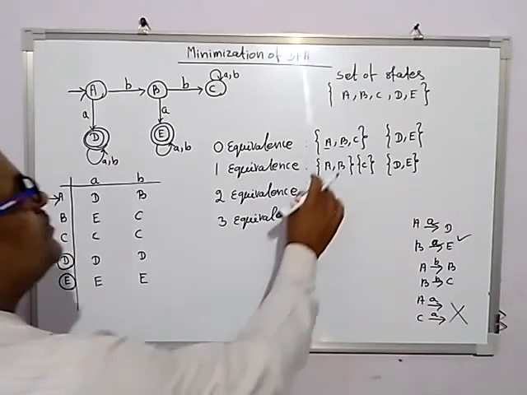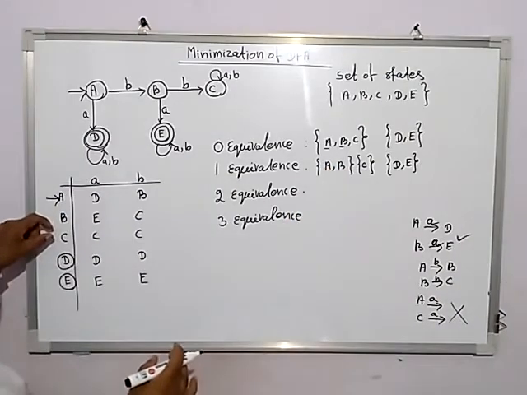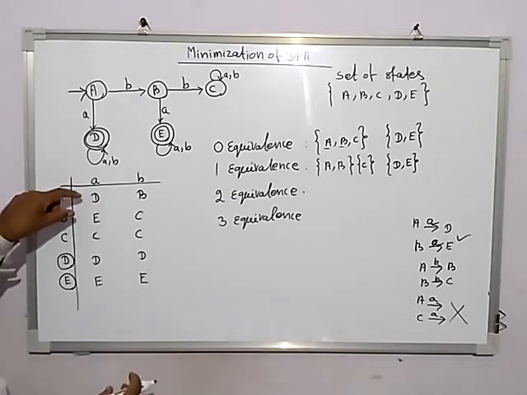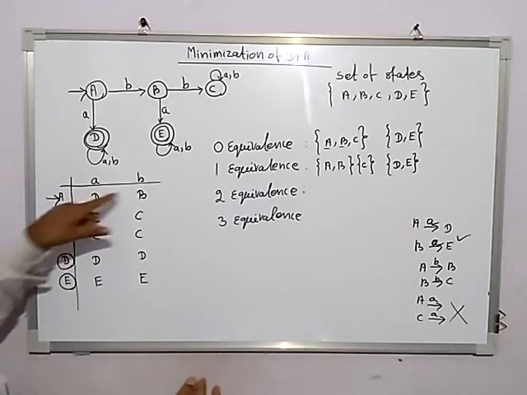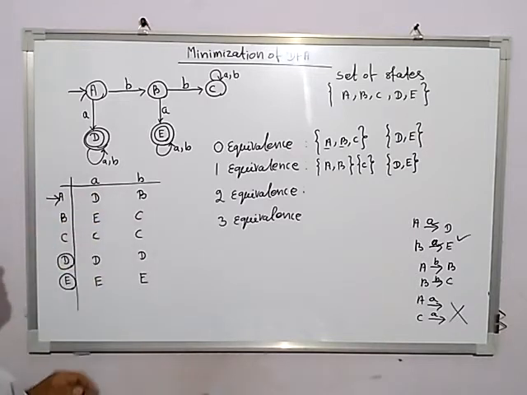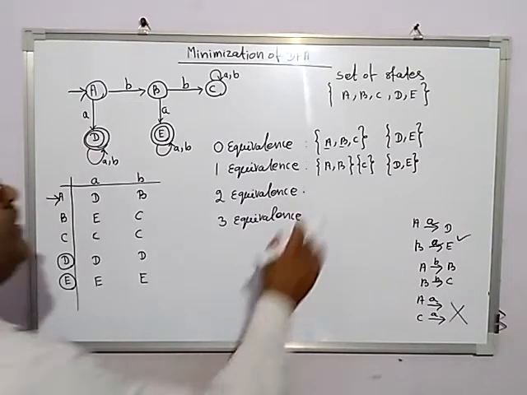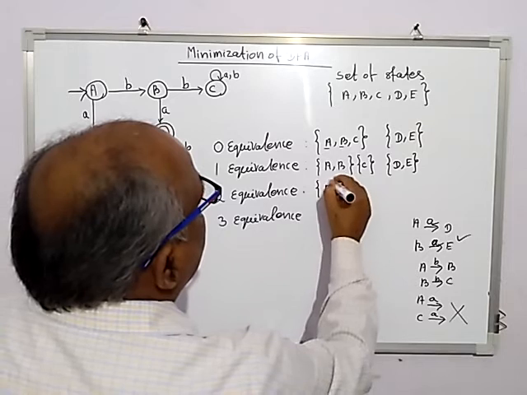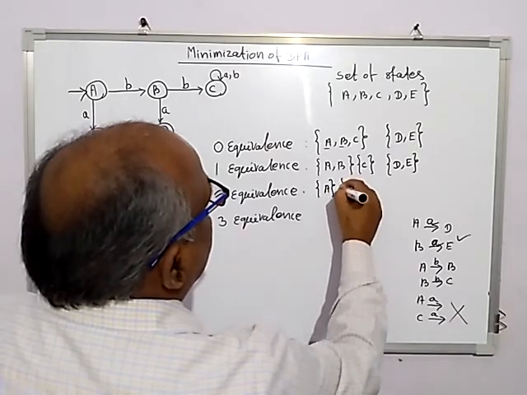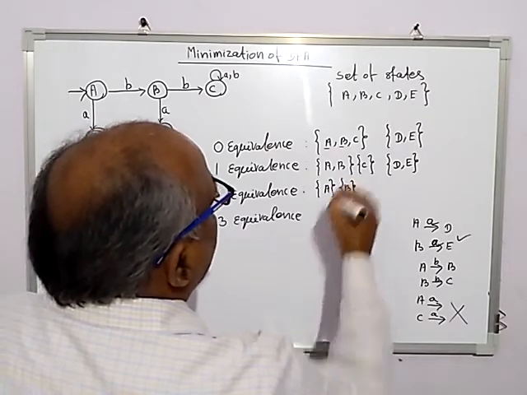For input A the next states are in the same set, but for input B the next states are not in the same set. So A and B are two different.